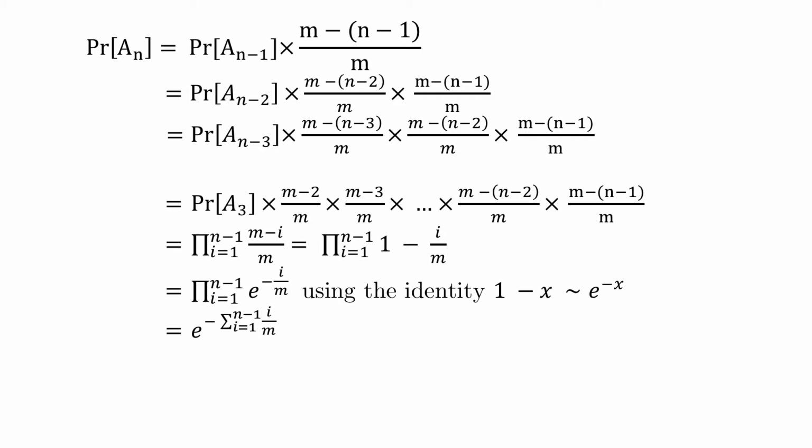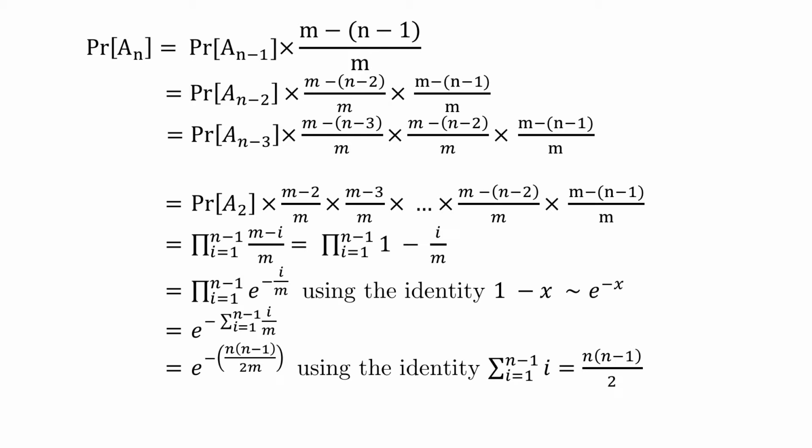And we can also use another identity, which is the sum from i equals 1 to n minus 1, or the sum of the first n minus 1 numbers, to be n times n minus 1 divided by 2. And we can take m out, and a summation of this would simplify this expression to e to the negative n times n minus 1 divided by 2m. Now we can simplify this even more and simply write it as e to the negative n squared divided by 2m.